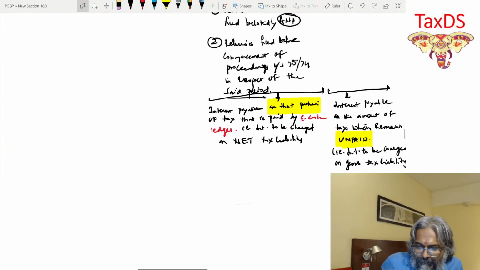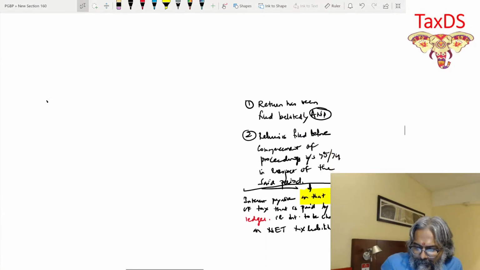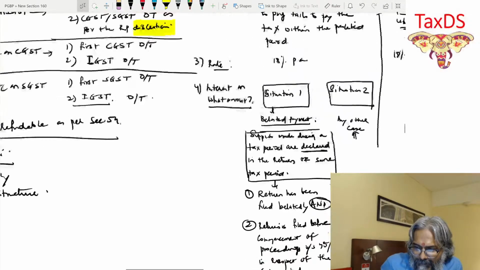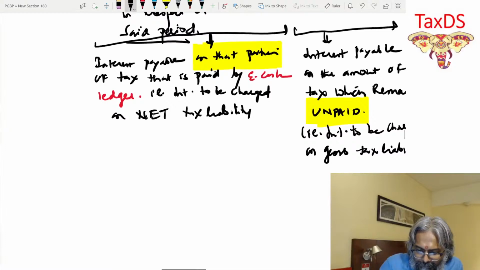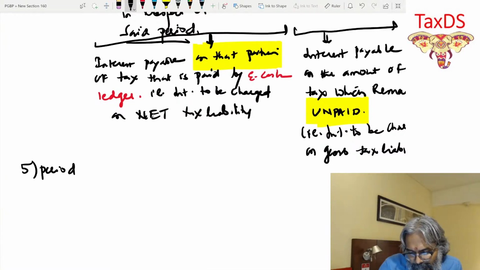Now finally, the last point, students, point number 5. What is the period for which the interest will be calculated?